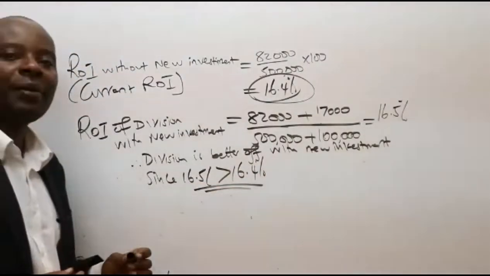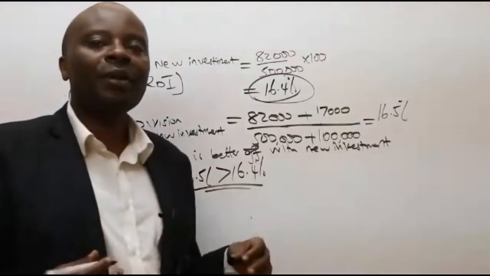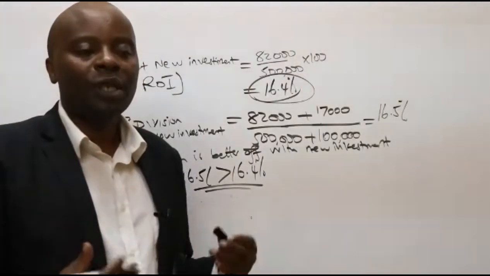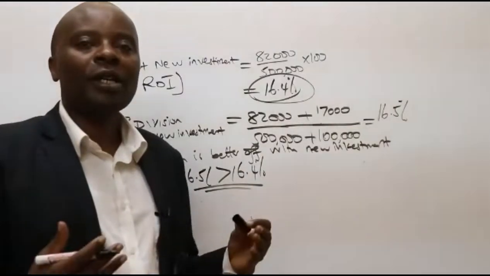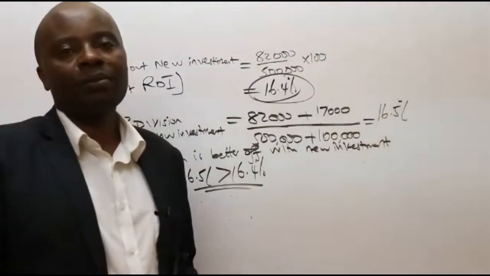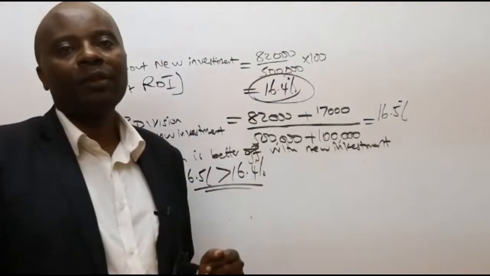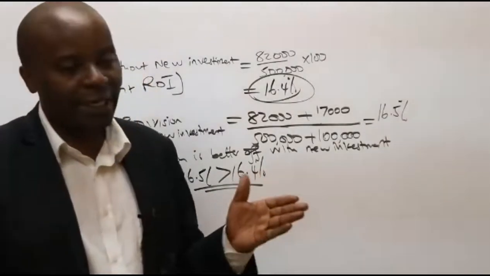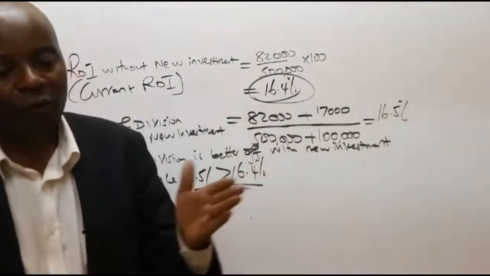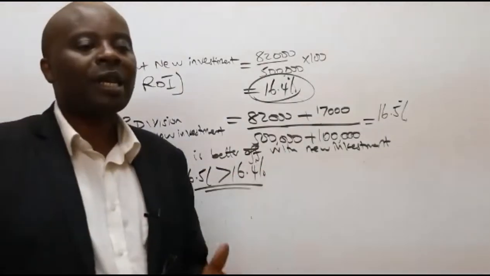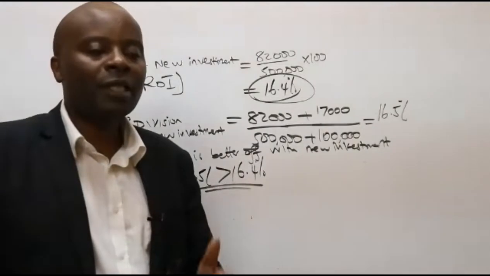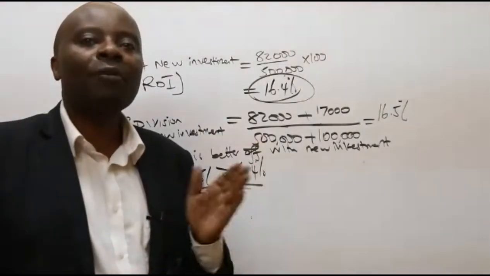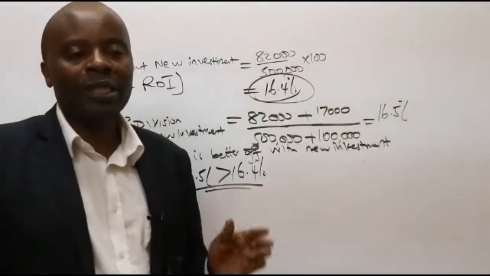So you can see, ladies and gentlemen, that this new investment is coming to boost the ROI of the division. When you have a new investment increasing the ROI of a particular division, then automatically that investment is good. That is an indication of better performance.